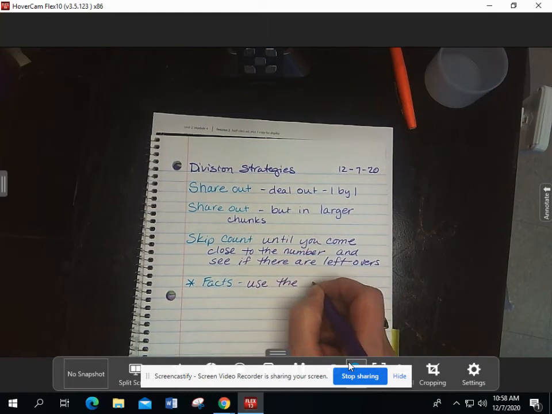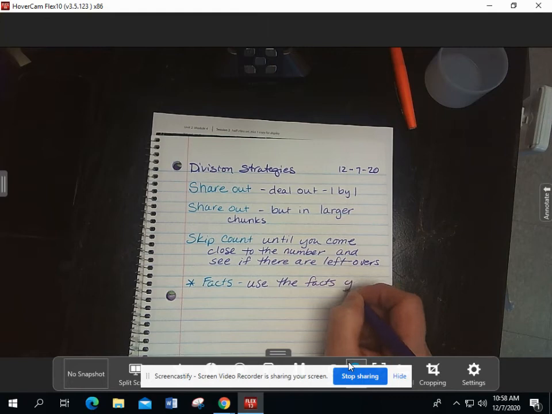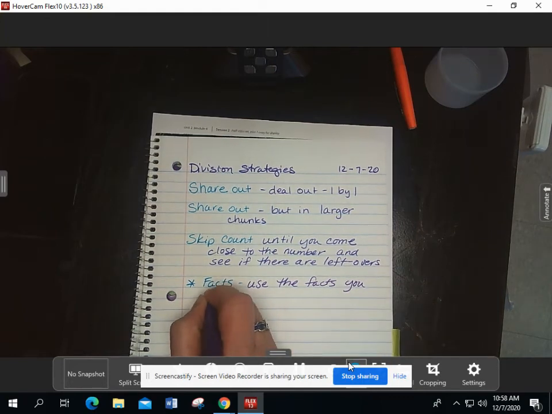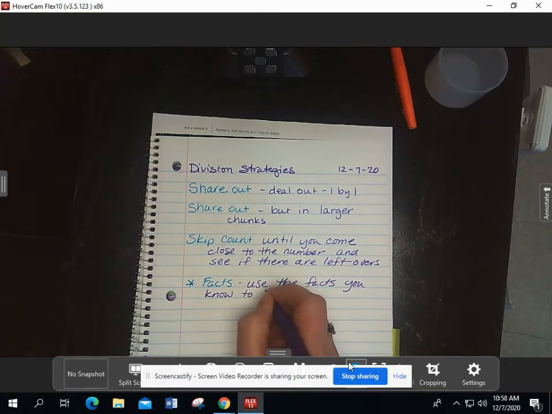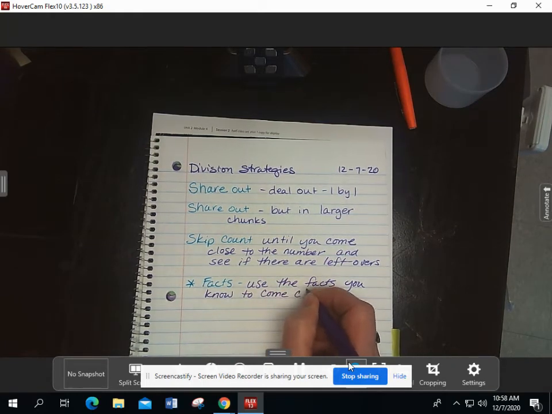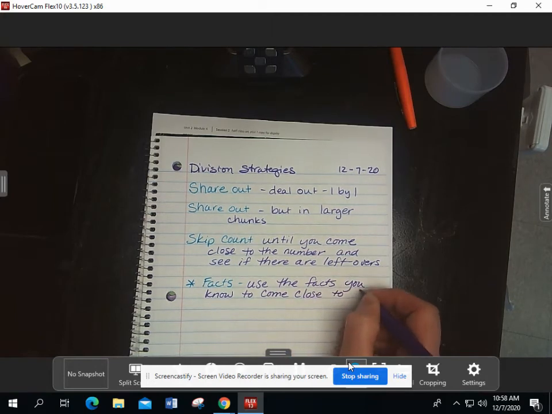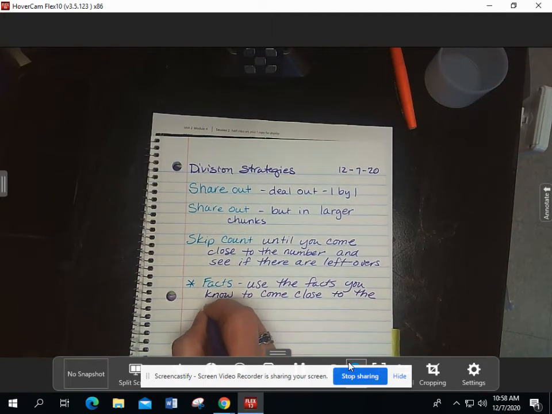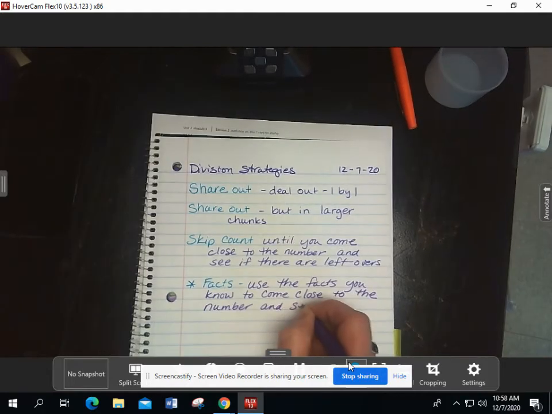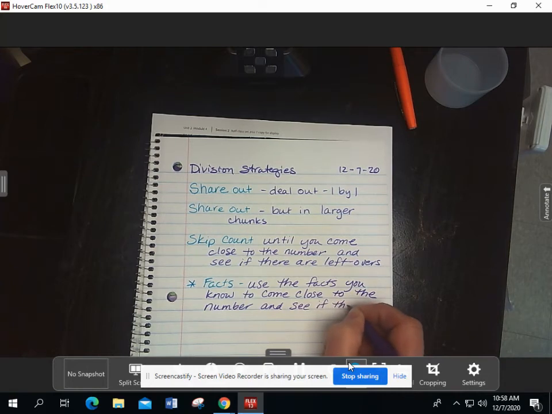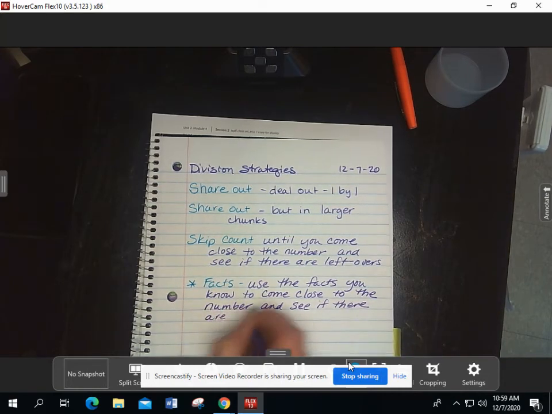Use the facts you know to come close to the number and see if there are leftovers. Okay, so those are the 4 strategies that 4th graders tend to use.